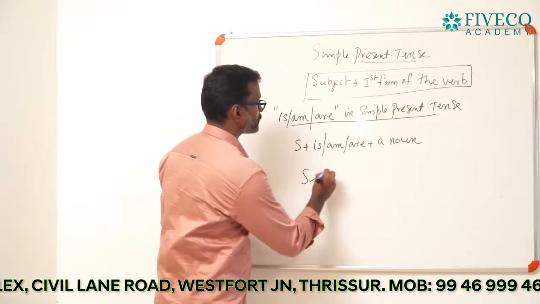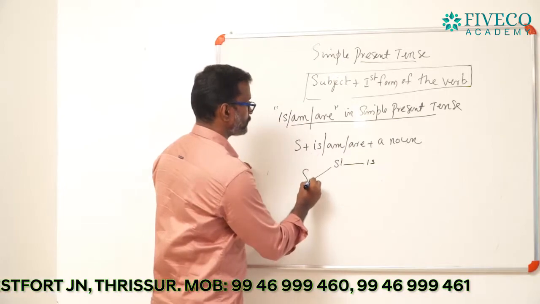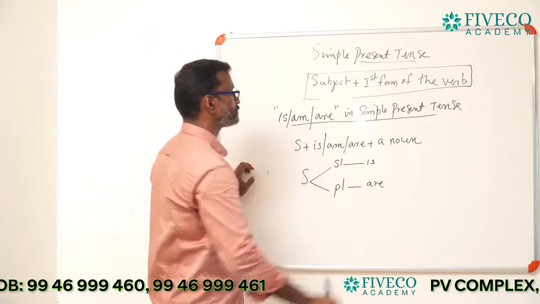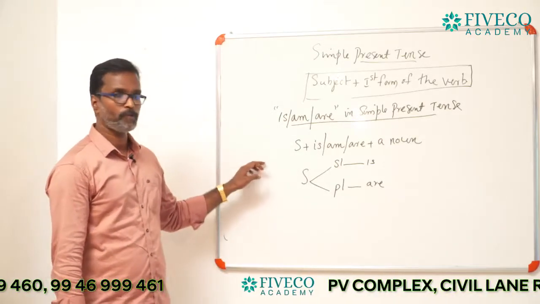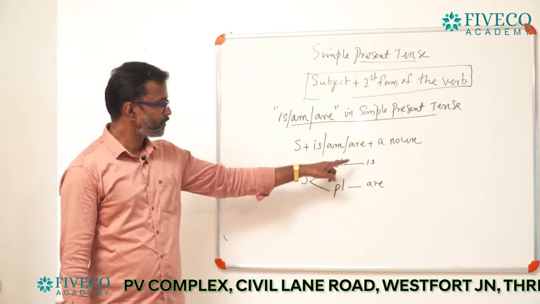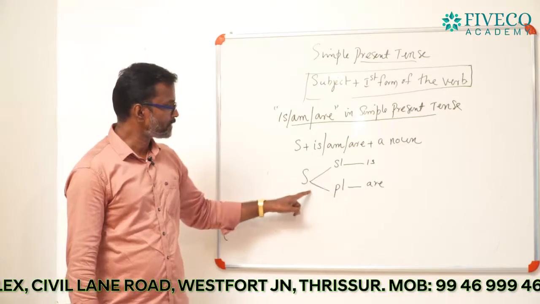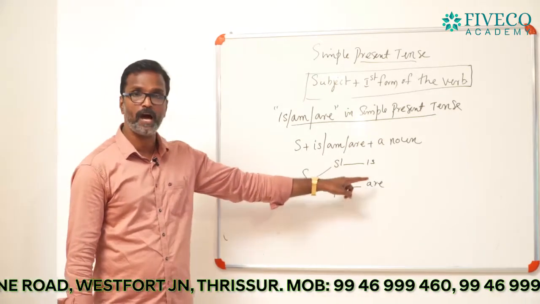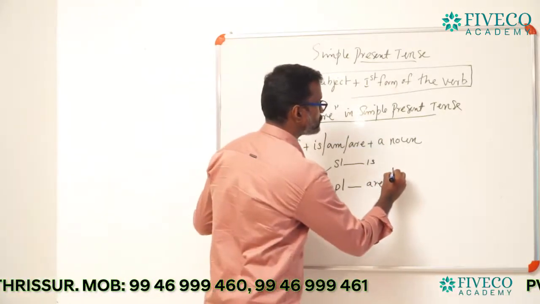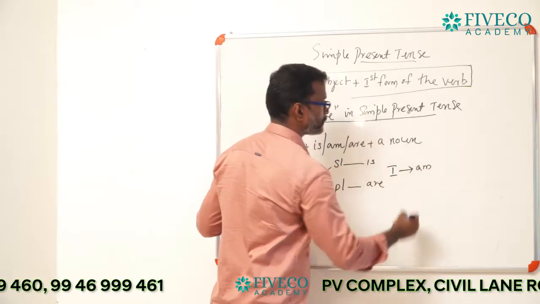So, if the subject is singular, you can use is, and if the subject is plural, you can use are. But there is an exception: for the subject I, you need to use am. I am.